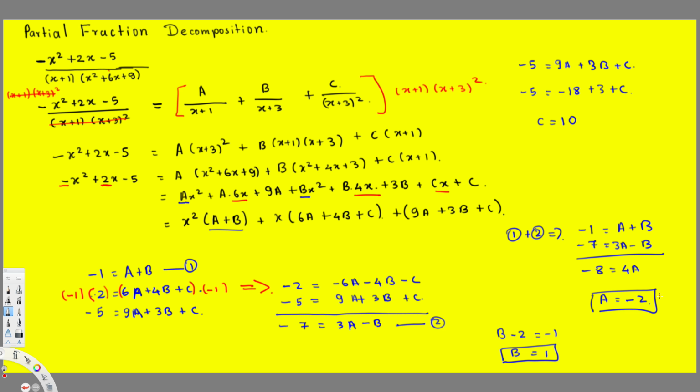We have a right here, so this is going to be minus 2 over x plus 1, plus b is 1, so 1 over x plus 3, plus c is 10, right? 10 over x plus 3 square. And this is the partial fraction decomposition of this original expression right here.